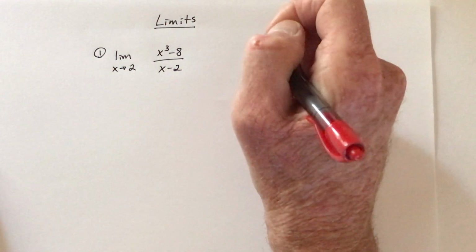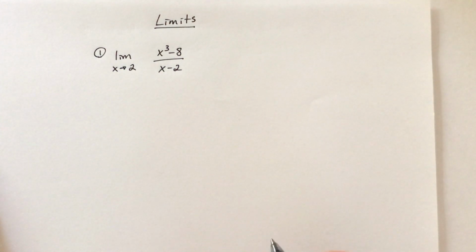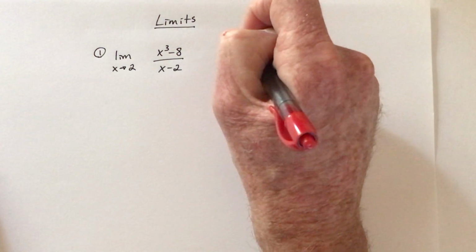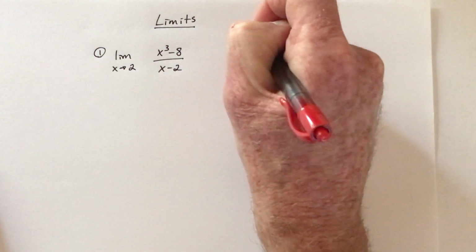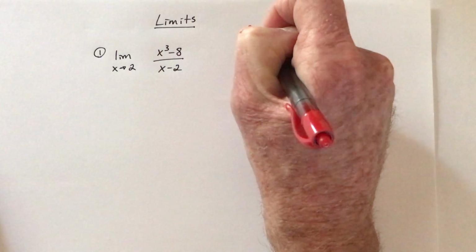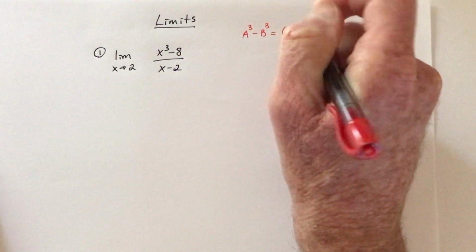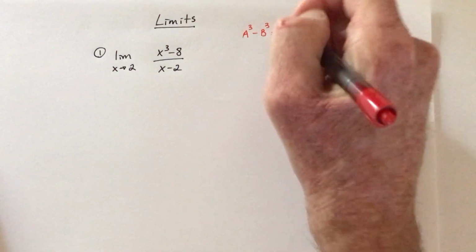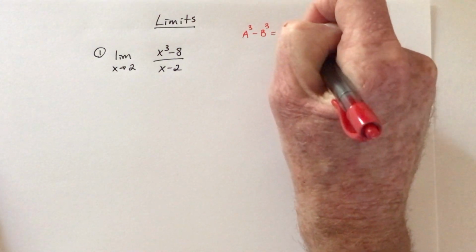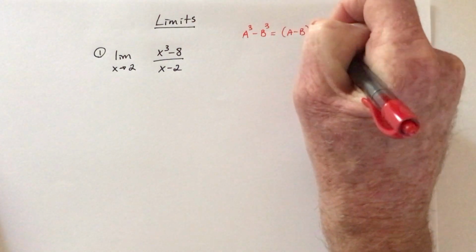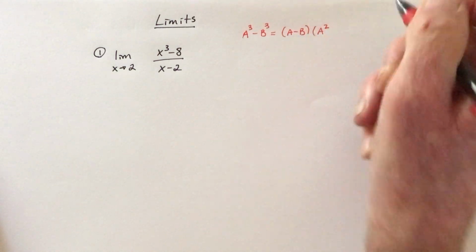So the algebra that we're going to use, and I'm sure you remember this from intermediate algebra, how do you factor the difference of cubes? So first of all, whatever the things are that are being cubed, you would subtract them. And then the first one gets squared.